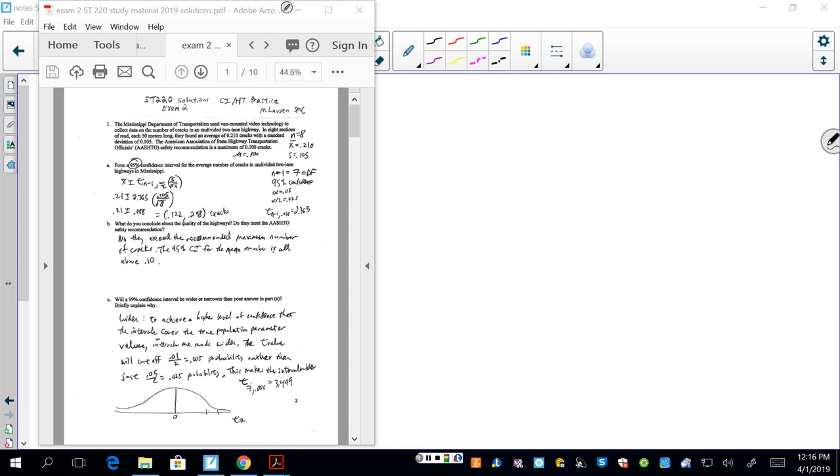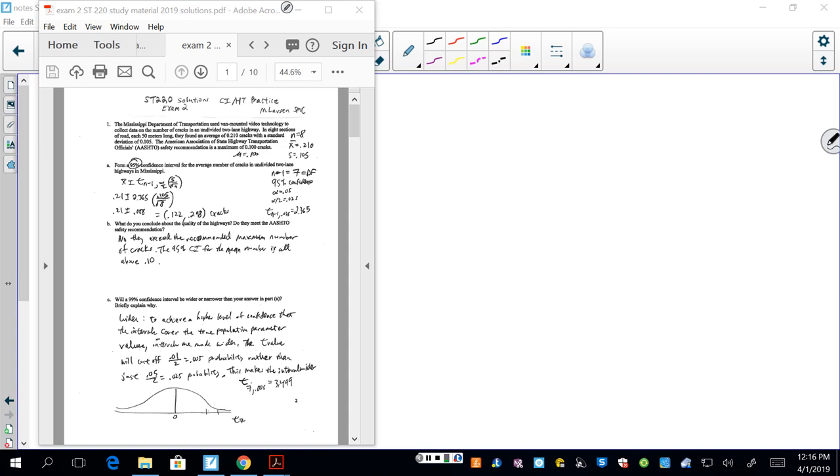They made 8 sections, 50 meters long. They found an average of 22.1 cracks, standard deviation of 0.105, and a recommendation that you not get more than 0.1. Out of that, this is a 95% confidence interval for the average. So it's kind of clueing you in that it's about averages.